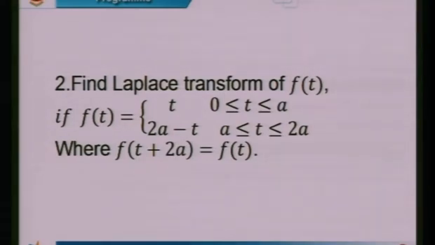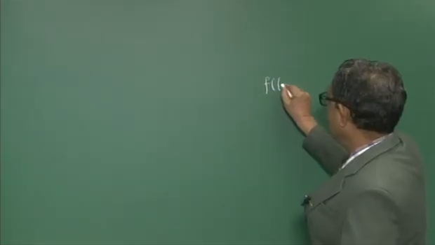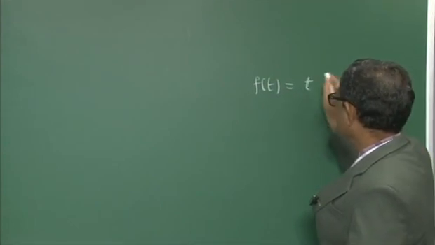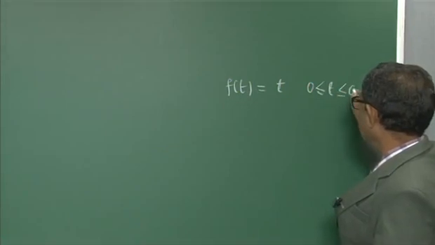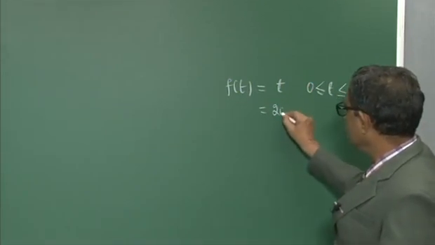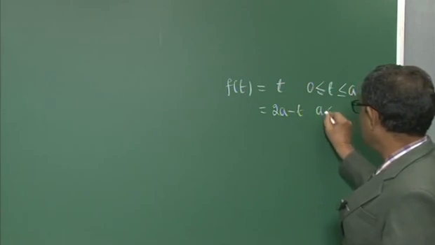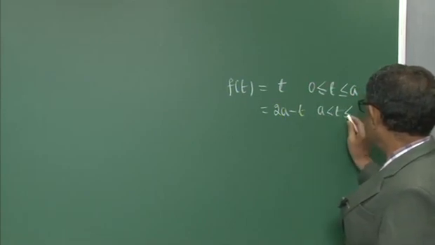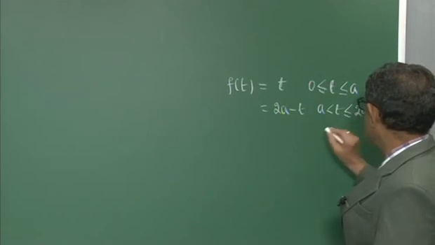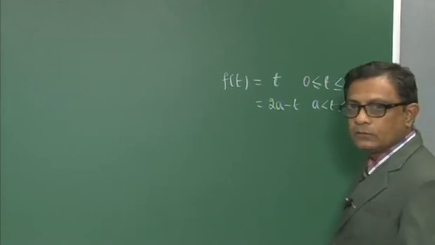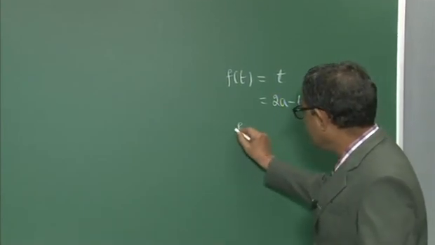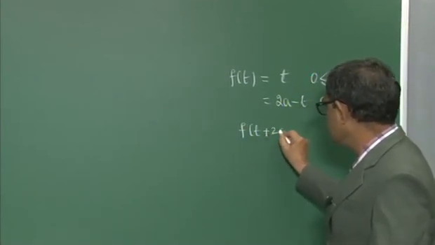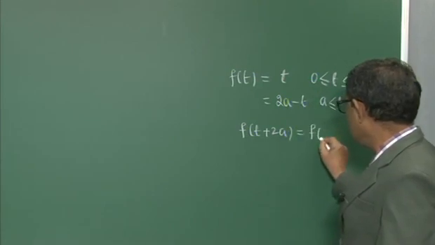Here the function f of t is t for the interval 0 less than t less than a, is equal to 2a minus t for a less than t less than or equal to 2a, and f of t plus 2a is equal to f of t.